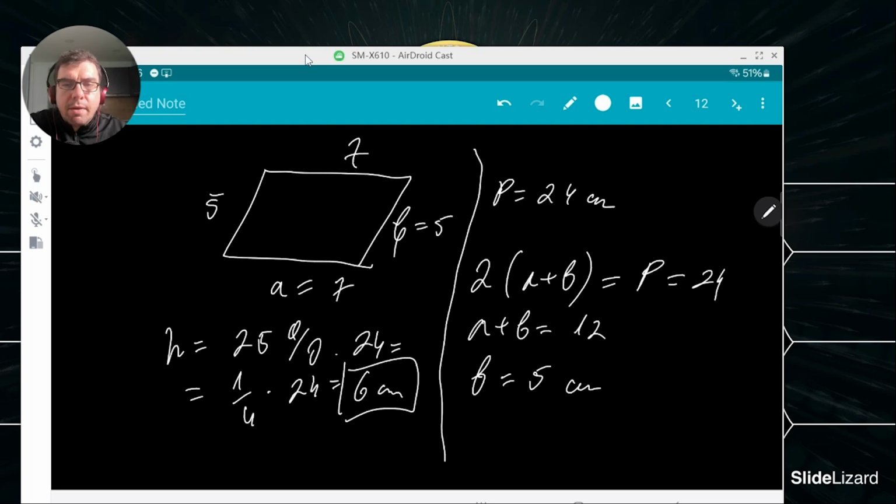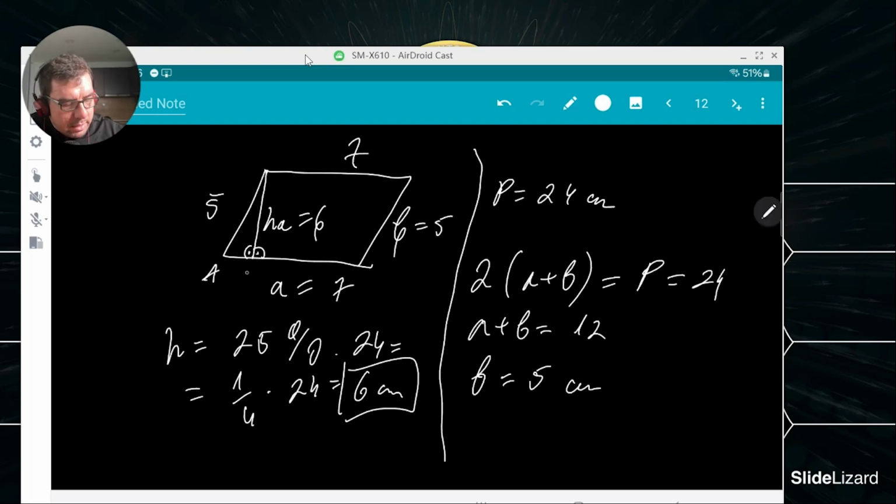And now we have to figure out which height this is. Is it HA or HB? Is it the height towards the side A or the height towards the side B? So if I assume that this is HA, right? HA.